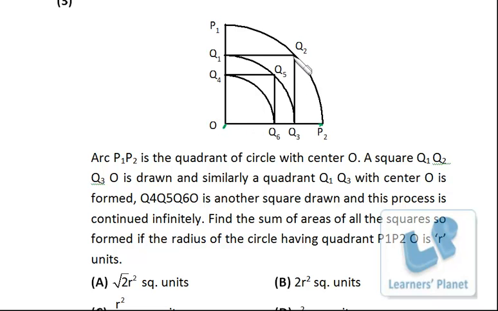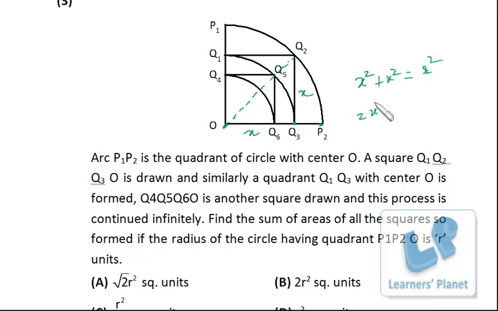So now just see it carefully. This is the radius of the circle and this is actually the diagonal of the outer square. Suppose the side of the square is x and this is also x, from here to here, that is x, right? So x square plus x square is equal to r square, the radius of this outer circle.